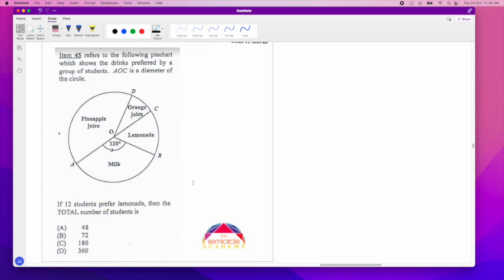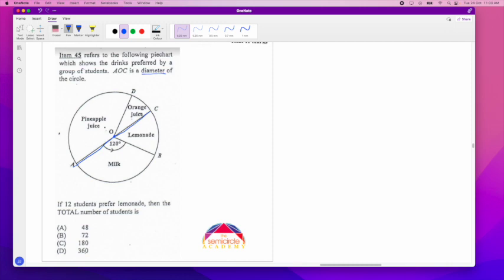Okay, so we have some multiple choice questions here now, and we see that we have a pie chart. Item number 45 refers to the following pie chart, which shows the drinks preferred by groups of students. AOC is the diameter of the circle. O would be the center, and the diameter is the straight line running through the center.